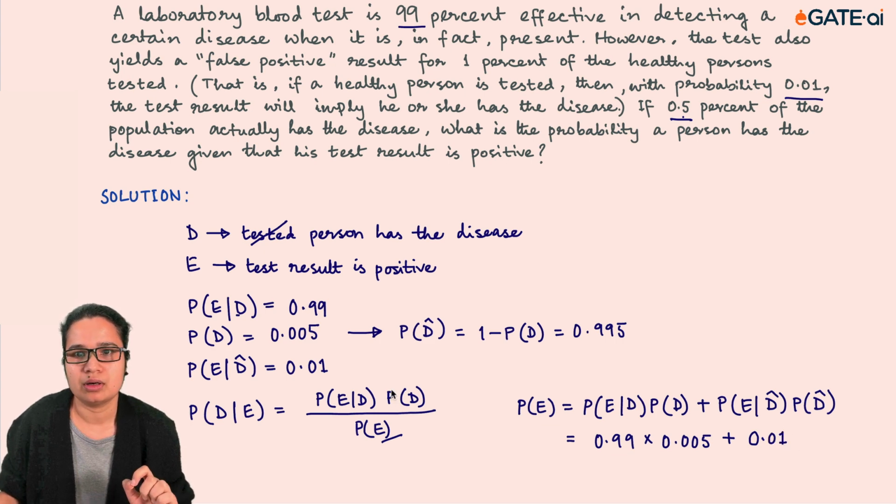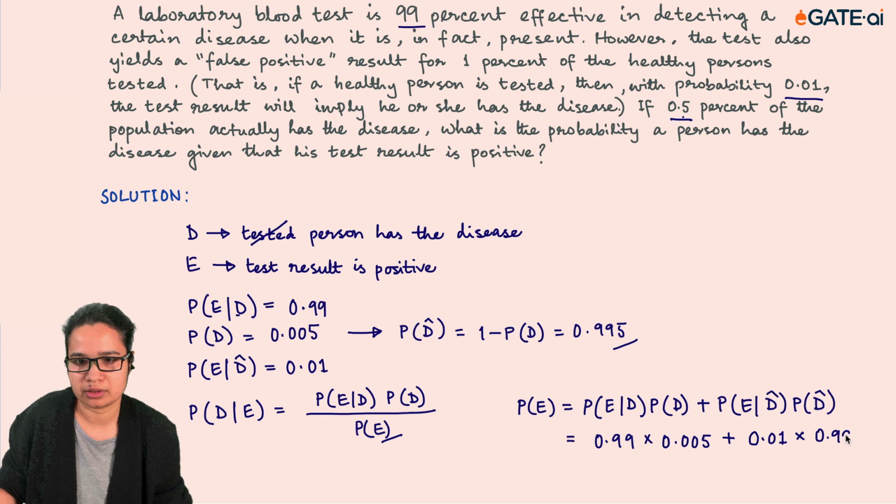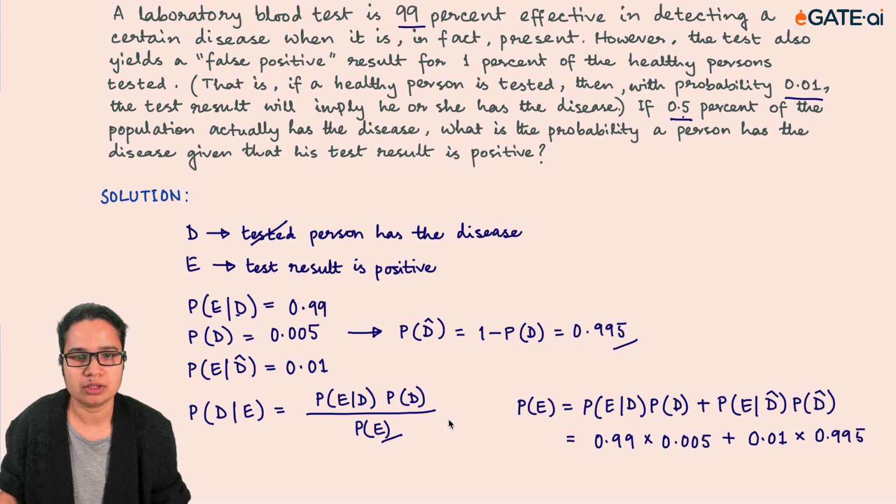so with 0.01 probability, and the probability of the person not having the disease, we have already calculated that as 0.995, right?